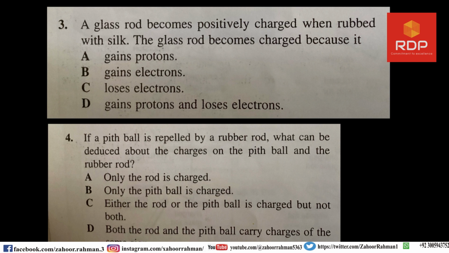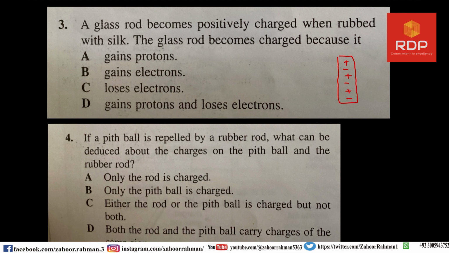The glass rod becomes charged because, there are four options, but let us first discuss that if there is a rod containing positive and negative charges, it means that it is electrically neutral.